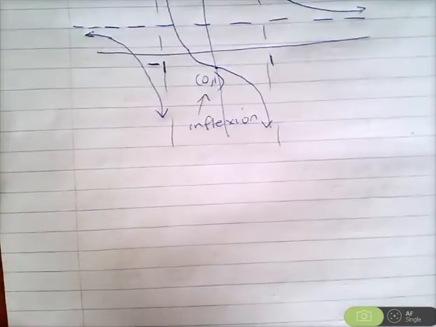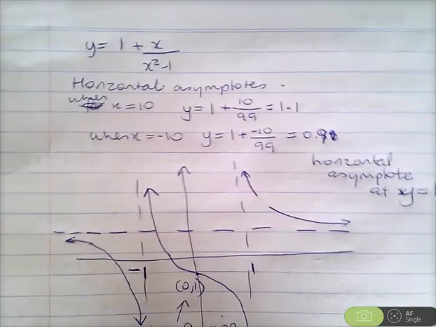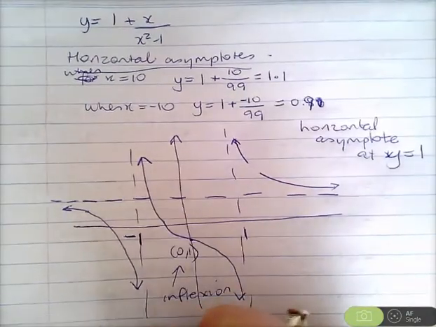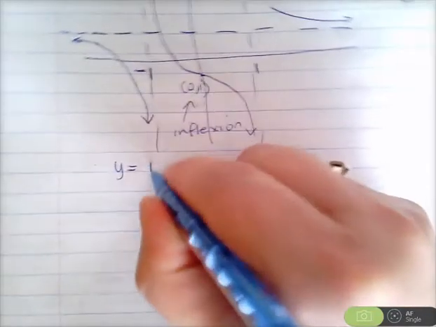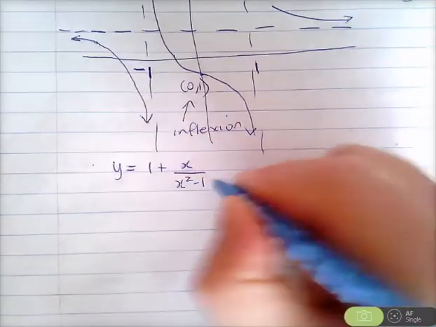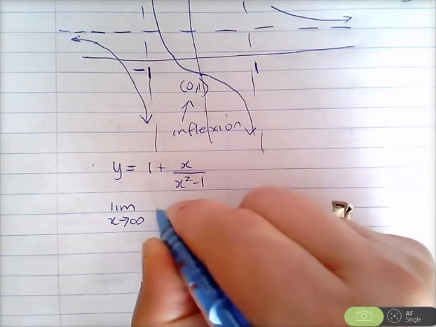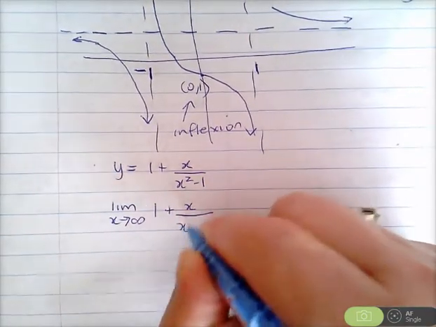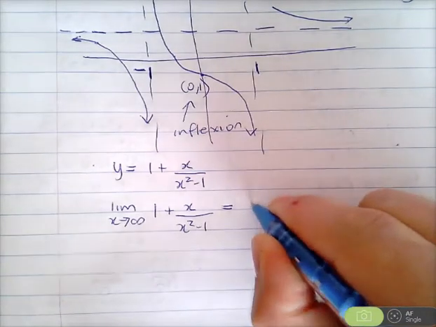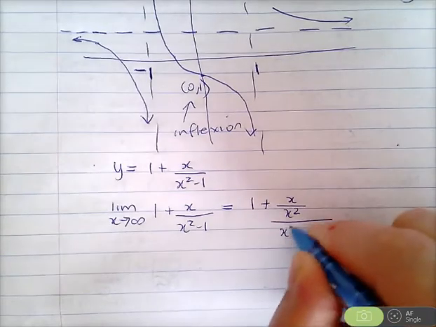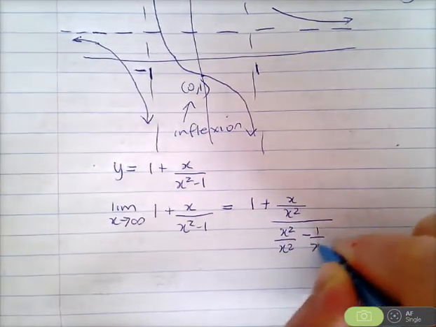Now remembering, the other way to find your horizontal asymptote is to take the limit as x approaches infinity. So I'm just going to do that for practice. We've got y equals 1 plus x over x squared minus 1, and so the limit as x approaches infinity of 1 plus x over x squared minus 1, remember, we divide everything by the highest power of the denominator.